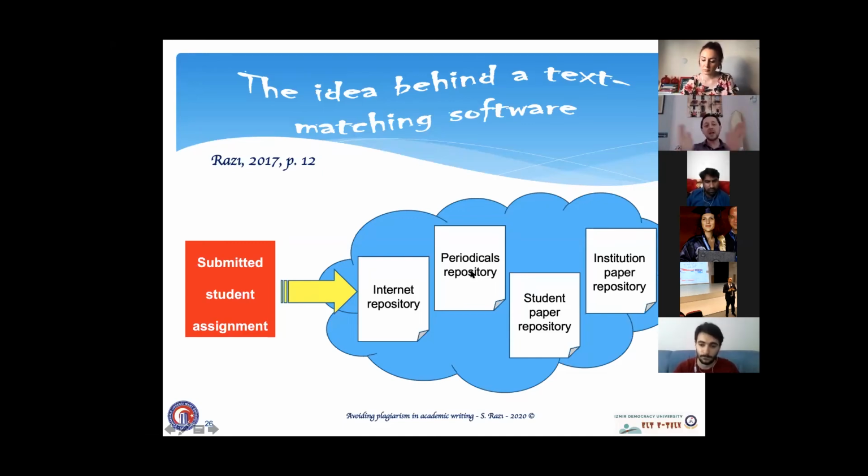And if there are any matches, Turnitin will highlight them and tell you that this sentence or expression or phrase in your assignment matches with already existing documents in our system. Is this a problem? Now you need to check whether this is a problem or not.